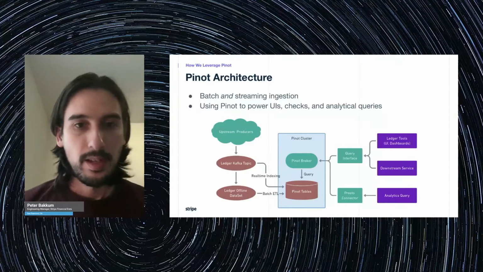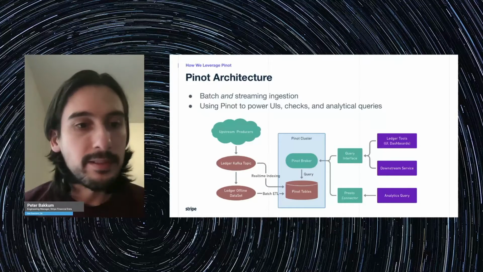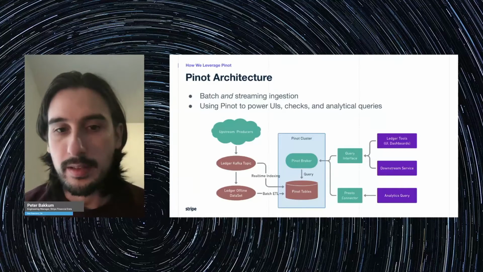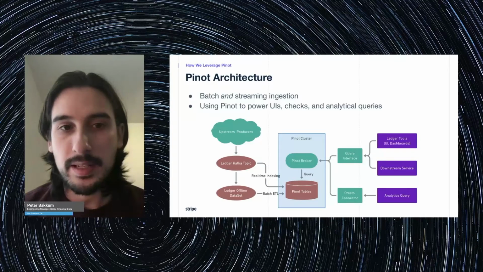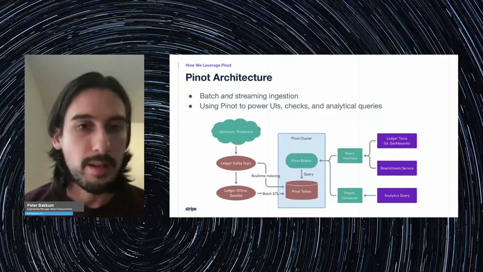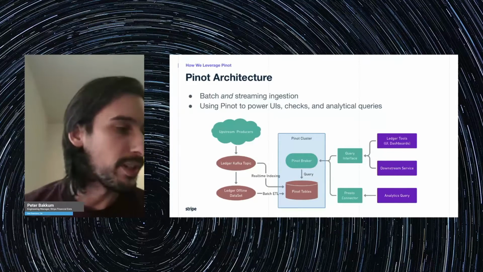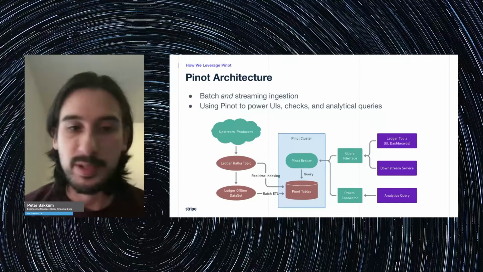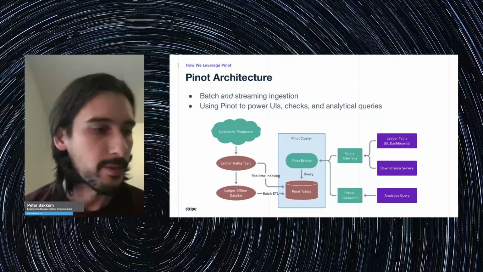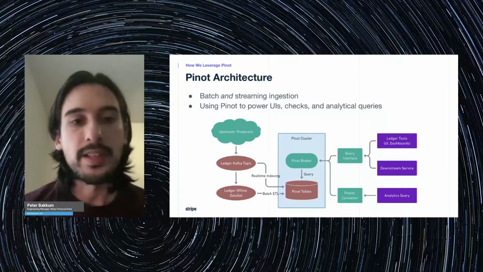So we have a fairly large Pinot cluster in the 1,000 plus node range. We index the cluster batch and streaming. So we load this cluster frequently from Spark, sometimes for backfills. And then we also have streaming ingestion.